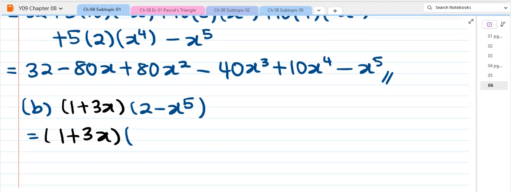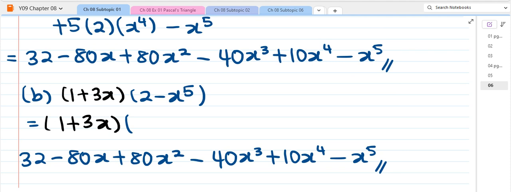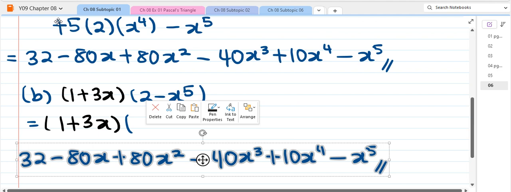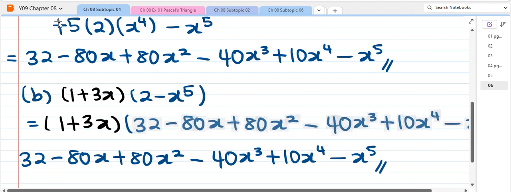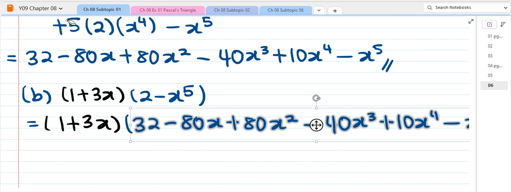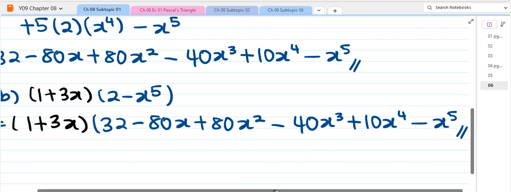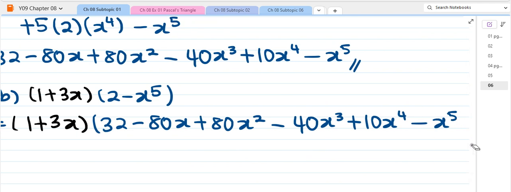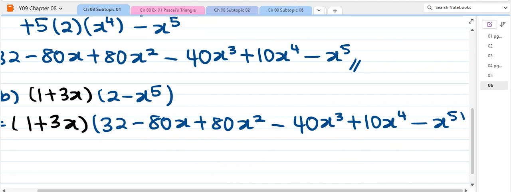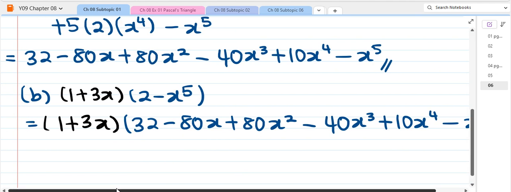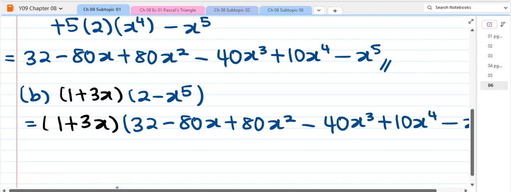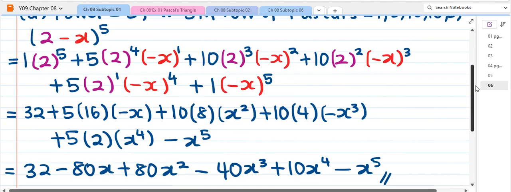Right? So here you will rewrite all of this again to be put into this one. So this is the expansion of the previous part. So here, this is the real question in which you have to find the coefficient of x to the power of 3.